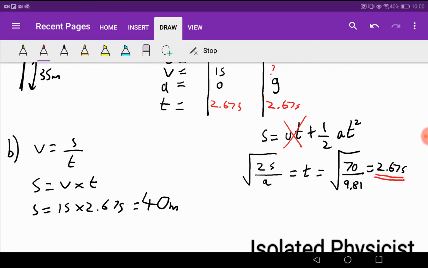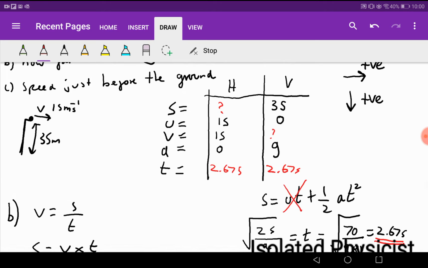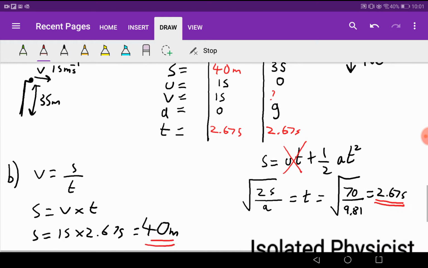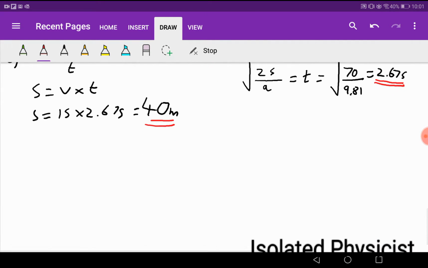So, the answer to B is 40 meters, and we can go ahead and put this in. And the last question is its speed just before it hits the ground. Now, don't forget, this projectile is going to be coming in at some kind of angle to the ground, right?